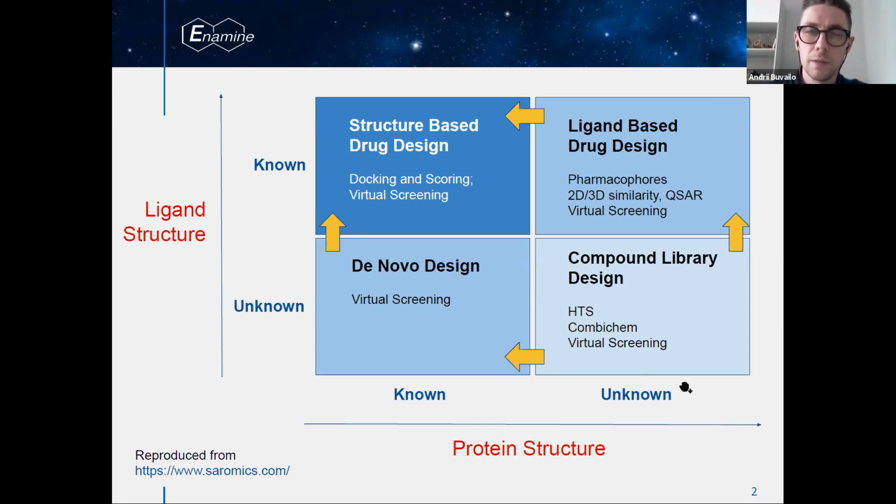And of course, if nothing is known and we are starting from the very beginning, then compound libraries are a very suitable tool to find ideas for future drug discovery programs. Enamine compound libraries are very useful tools in this case.